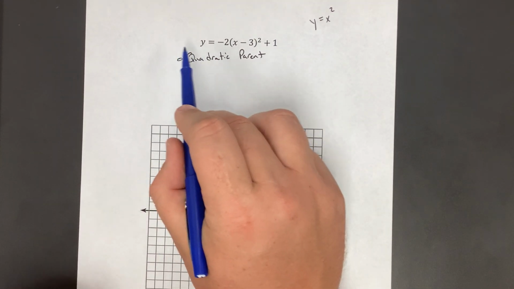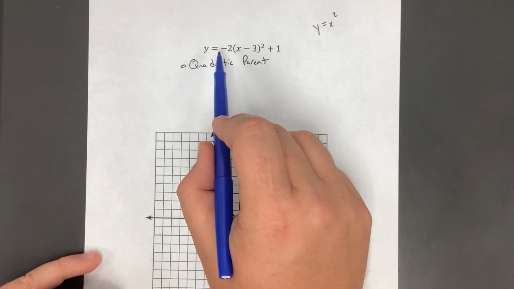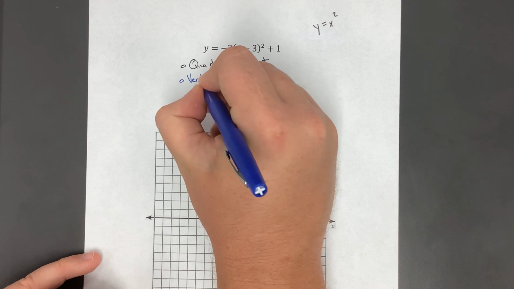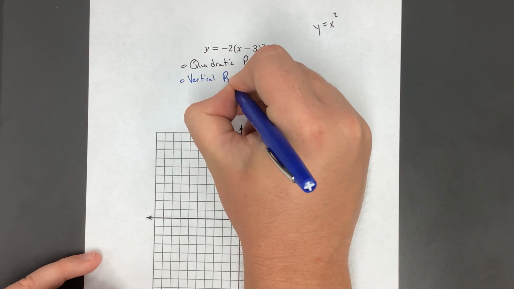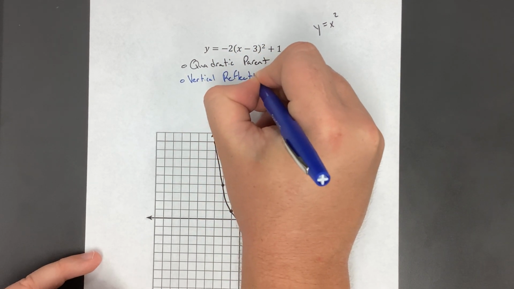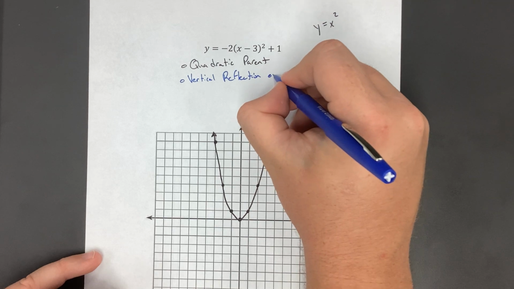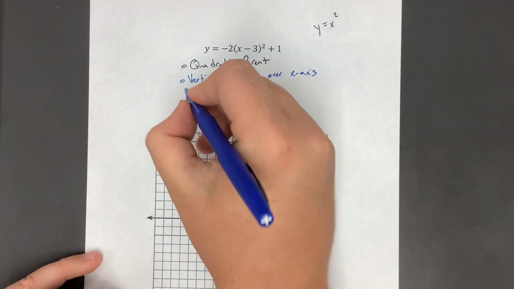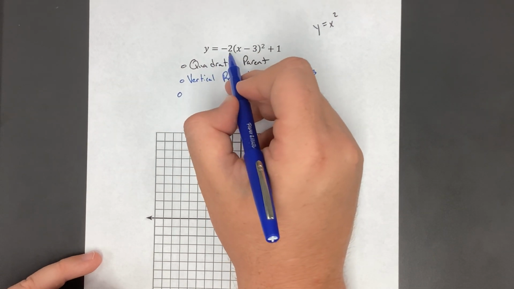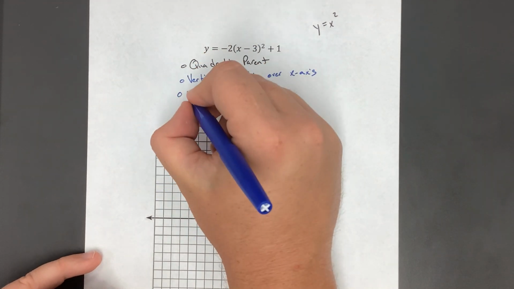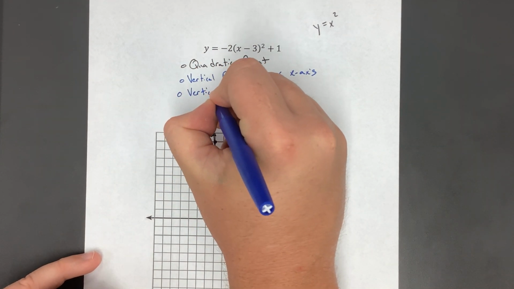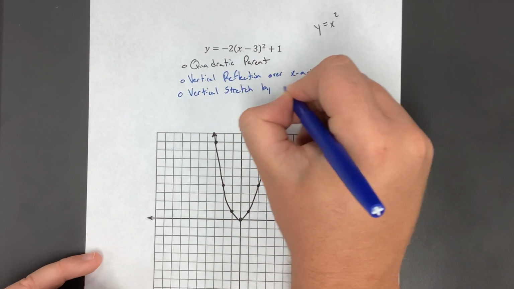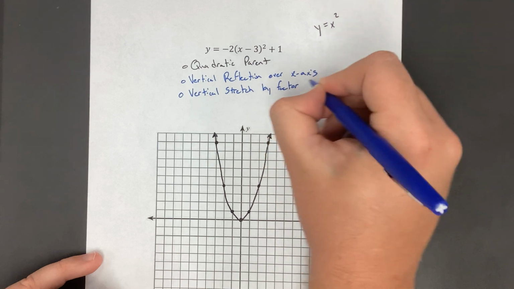So as we go left to right, like we would read, we have a negative here. Well, that negative automatically means a vertical reflection, and you can say over the x-axis. And then we have 2. 2 tells us we're going to have a vertical stretch by factor 2.